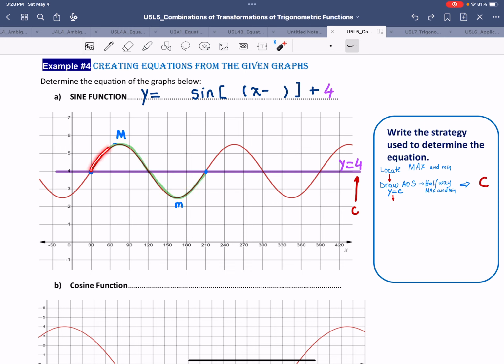Normally, I like to highlight the cycle that is closest to the y-axis. And in the meantime, I prefer to select the cycle that is at a horizontal translation to the right. But there is nothing wrong with selecting either one, left or right of the y-axis.